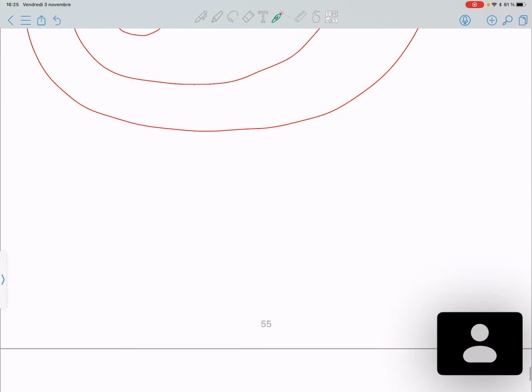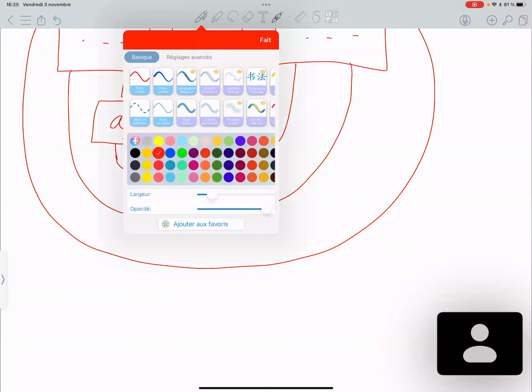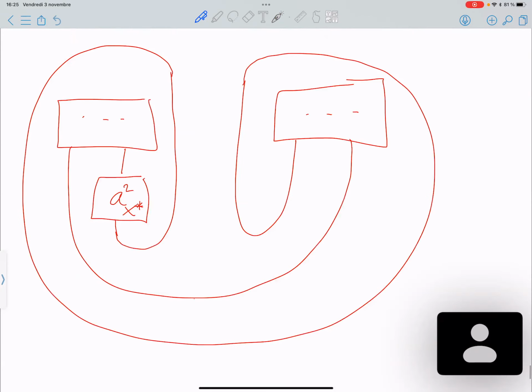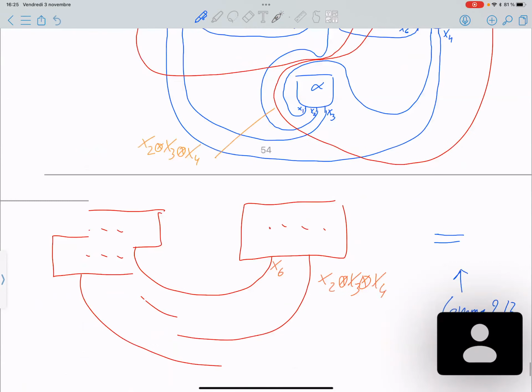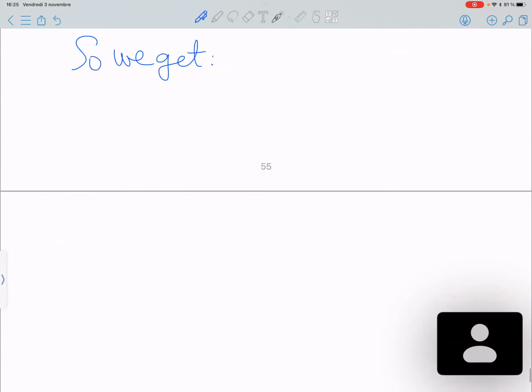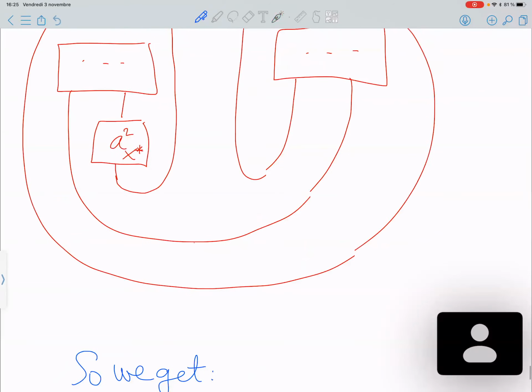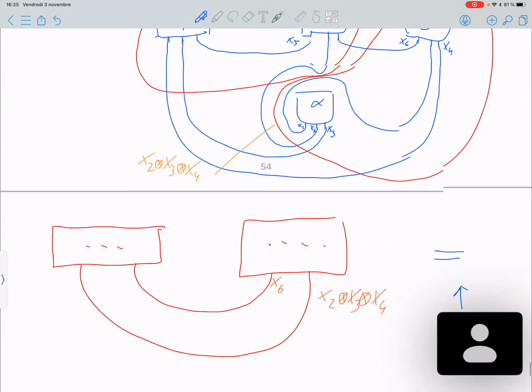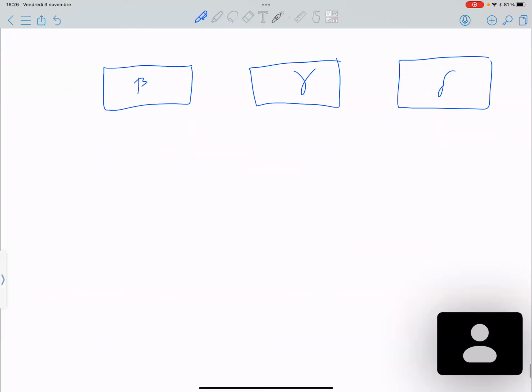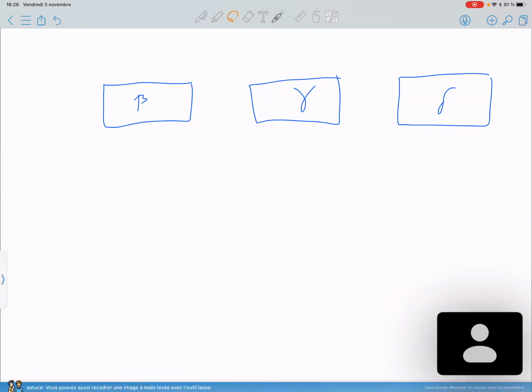So we get the following. Beta, delta, gamma, delta, k, alpha. Not very easy to draw.